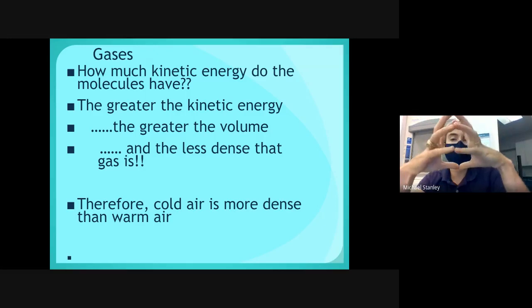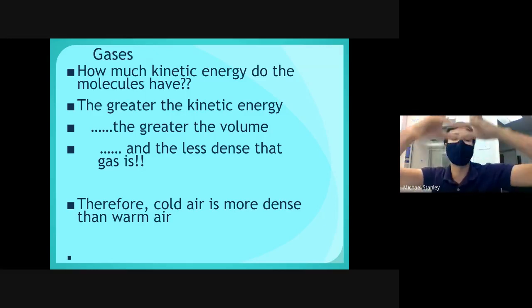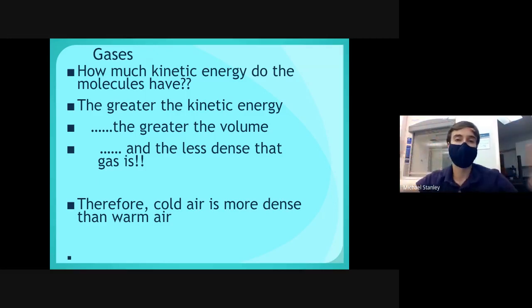So the hot air inside the balloon is less dense, so it starts to float and try to go up above the cooler air that is surrounding it. So that's why hot air balloons are able to lift off the ground: gases, when they get hotter, become less dense. And less dense matter tends to float, while more dense matter tends to sink.